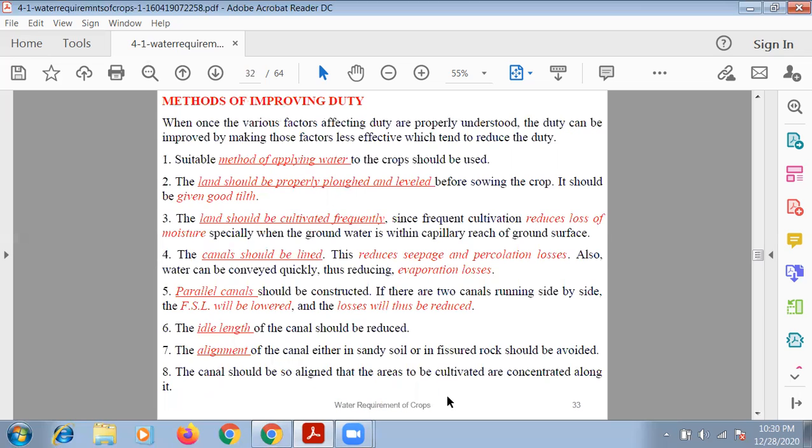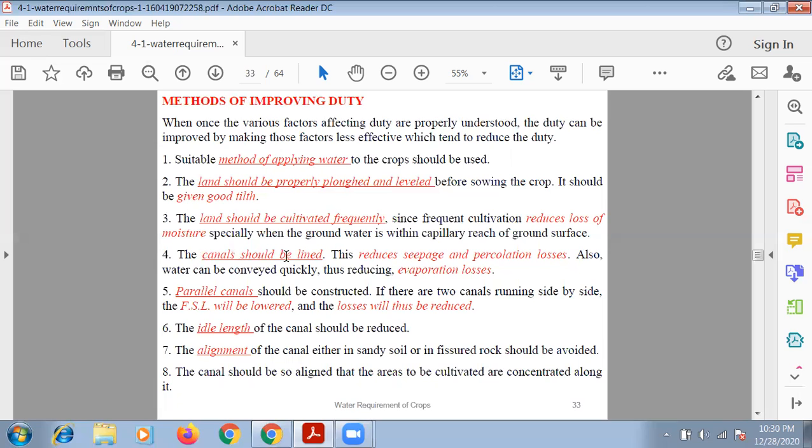Now, the factors that affect the duty should be improved. The methods of improving the duty are: a suitable method of applying water should be used, and the land should be properly ploughed and leveled to give it a good tilt, and the land should be cultivated frequently so that it reduces the loss of moisture.